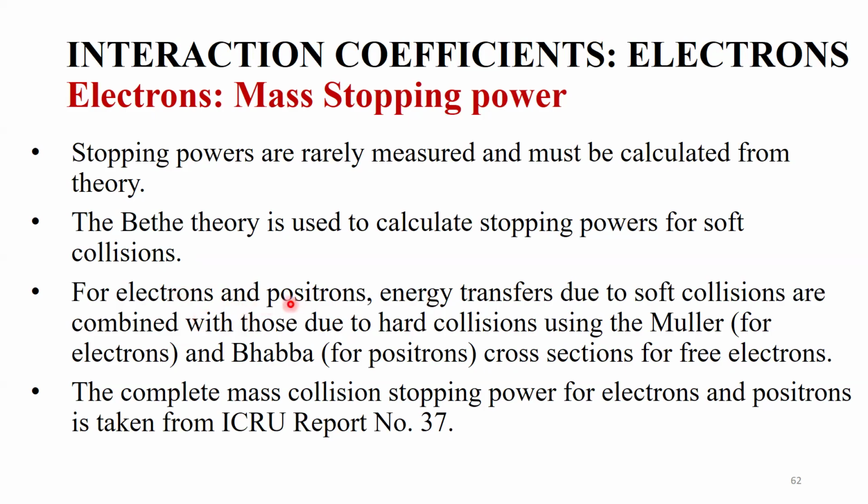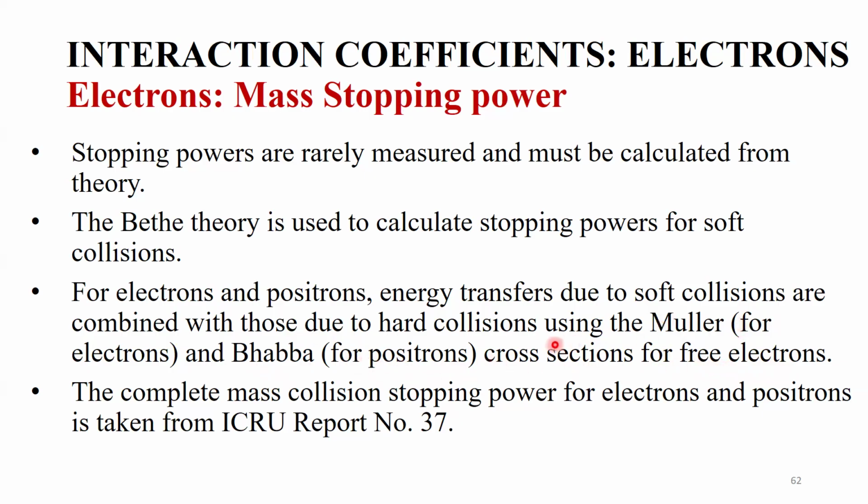For electrons and positrons, the energy transfers due to soft collisions are combined with those due to hard collisions using the Møller and Bhabha cross sections for free electrons.